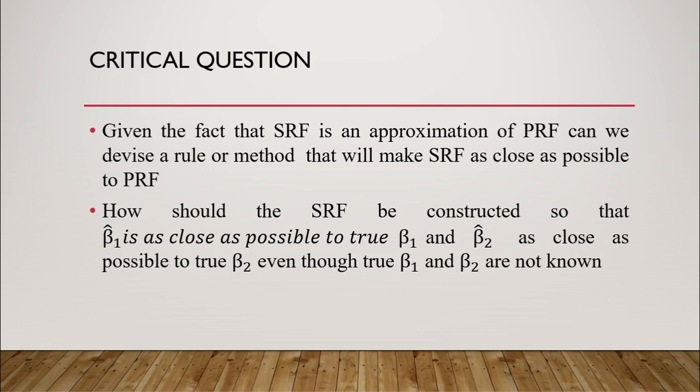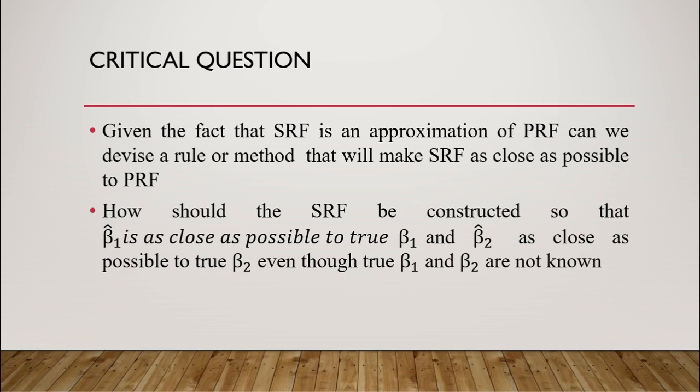So how should the sample regression function be constructed so that beta 1 hat and beta 2 hat are as close as possible to the true beta 1 and beta 2, even though true beta 1 and beta 2 are not known? We do not know the true values of the population parameters beta 1 and beta 2. So our aim is to construct the sample regression function in such a way that beta 1 hat is as close as possible to beta 1 and beta 2 hat is as close as possible to beta 2.